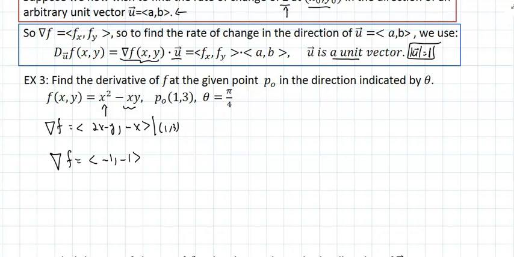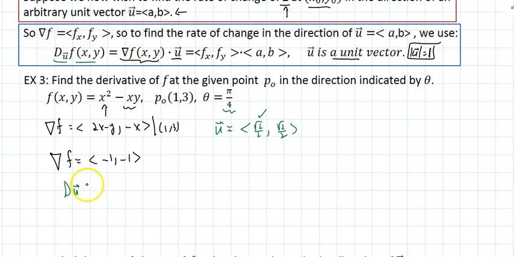Now, if I want to find a unit vector in the direction of 45 degrees, I'll let u equal, the cosine of 45 degrees is radical 2 over 2, the sine is radical 2 over 2, or 1 over radical 2, whatever you like. I know the magnitude is 1, so all I have to do is take the directional derivative of f in the direction of u, which is that gradient dotted with u.